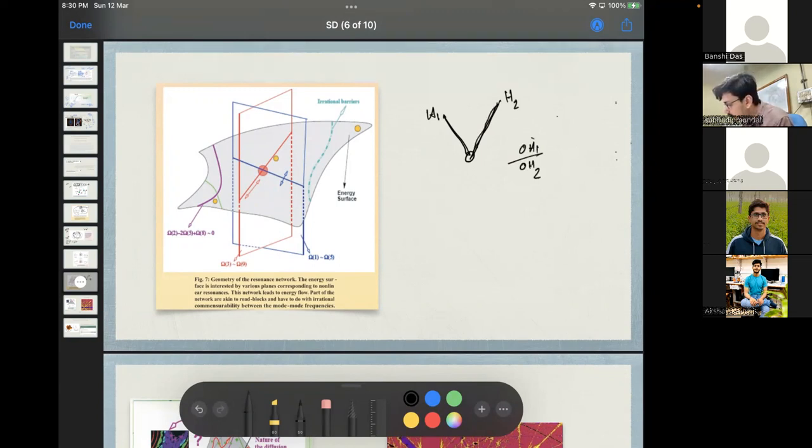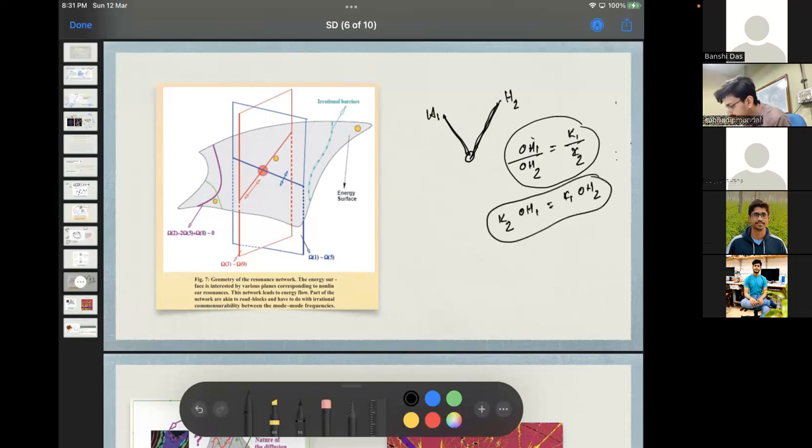The ratio of the frequencies of OH1 and OH2, let's say K1 by K2, at some particular energy. When the energy is different, the mode frequency will also be different, and this resonance condition will also be different. Just remember this: K2 times omega OH1 equals K1 times omega OH2.